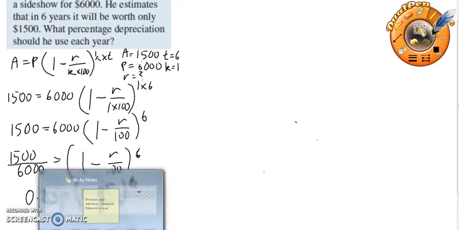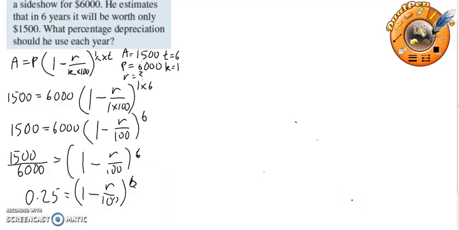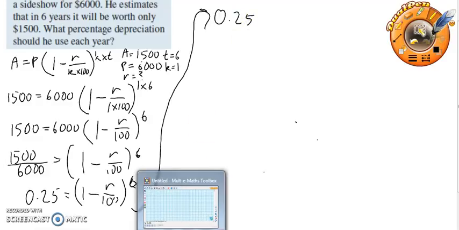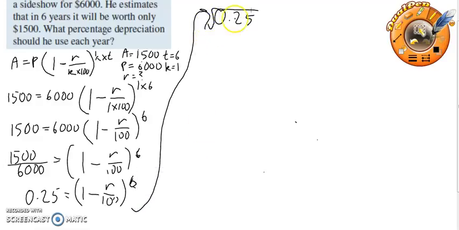So I'm just going to bring this up so we've got a bit more working space. So we have 0.25. Now remember, to the power of 6, the opposite of that is root 6. So if we put the root 6 of 0.25 in our calculator, we get 0.7937.